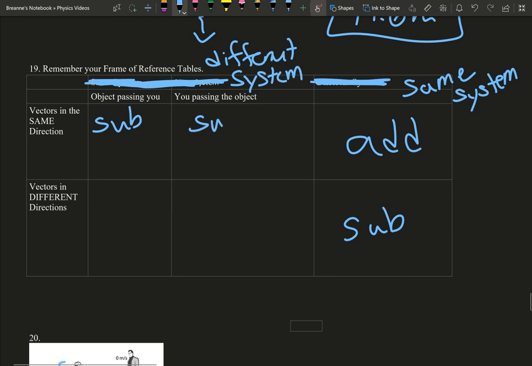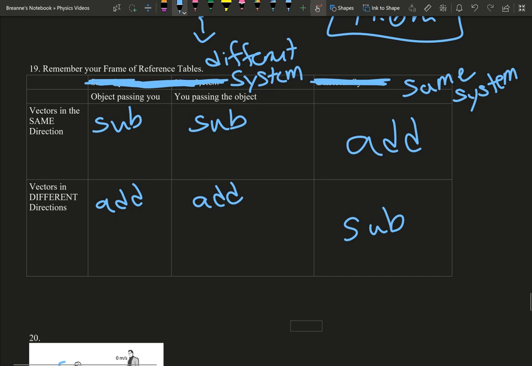So you always subtract. Vectors going in different directions, you're always going to add. Now the thing is direction. I think y'all understand this part. It's knowing, is it positive, is it negative, is it east, is it west? That's the part that everyone kind of gets confused.